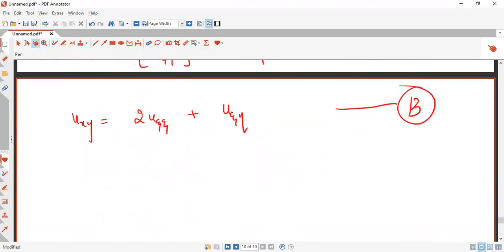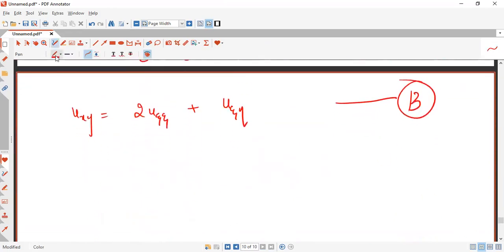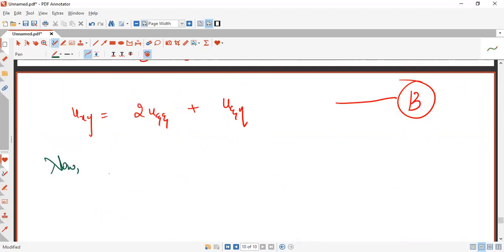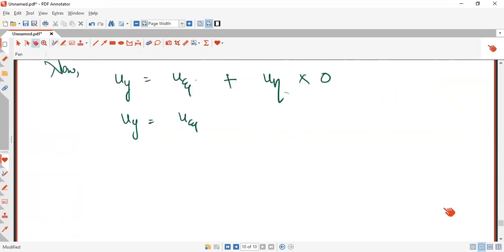I'm finding uyy. Now uy is u xi of xi y. Xi y is what? 1. U eta of eta y. Eta y is 0. So uy is the same as u xi. What will become for uyy?